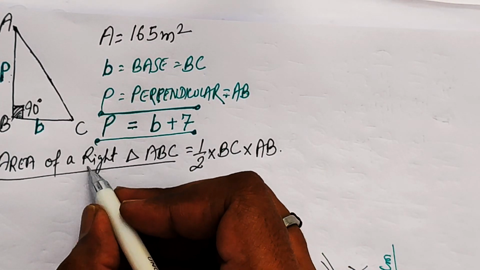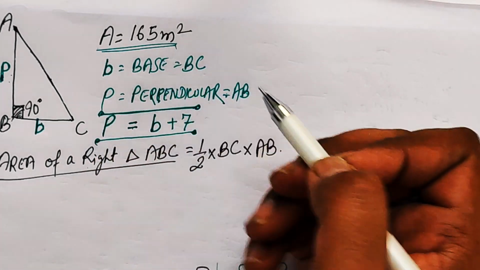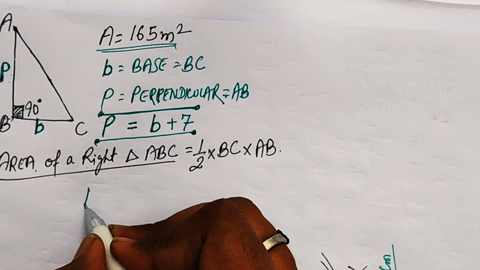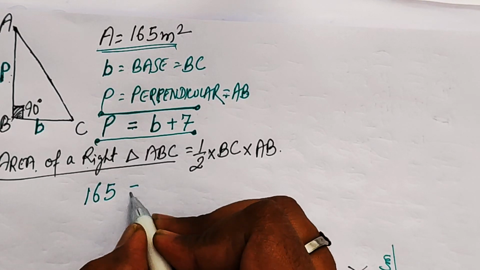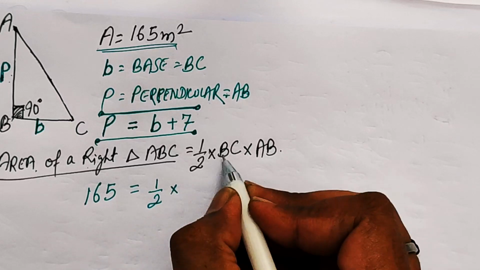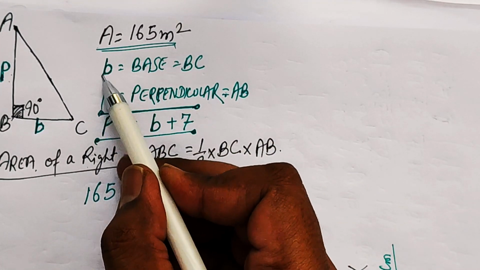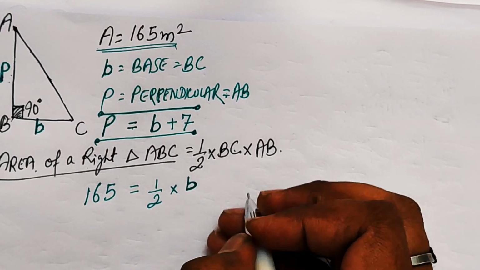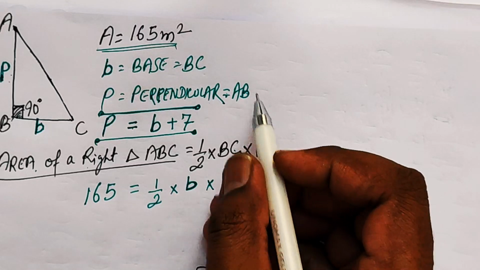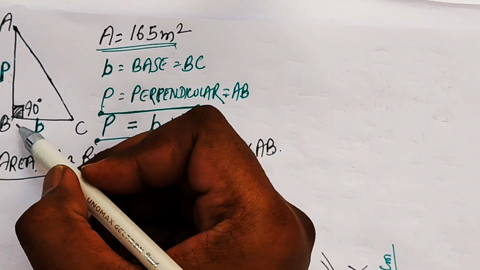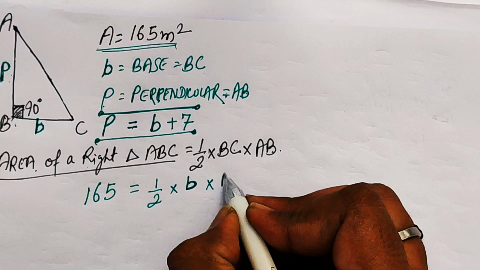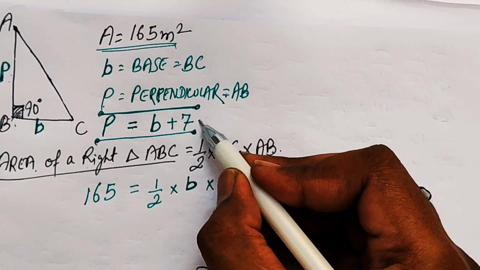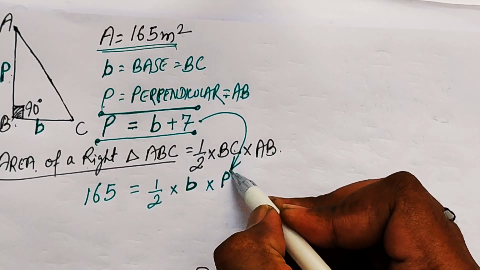Now just put up the value because the area is given to you as 165 meter square. So in place of area in the LHS, write the value of 165, and this is equal to 1 by 2 into BC. BC is the base B. So just put B in place of BC, and in place of AB, which is your P, perpendicular A to B, just write the value of P. But since P equals B plus 7, we will be substituting it over here.